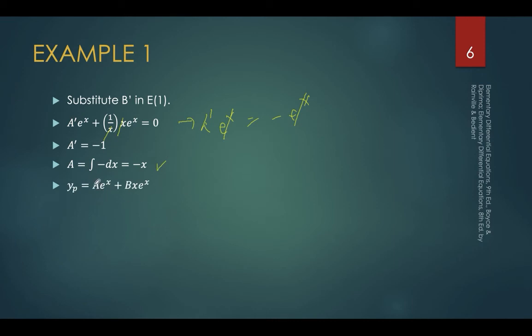We now substitute. Okay, so your a is negative x, or rather this is your a, and then your b is ln of x. Now note that these two are similar terms.